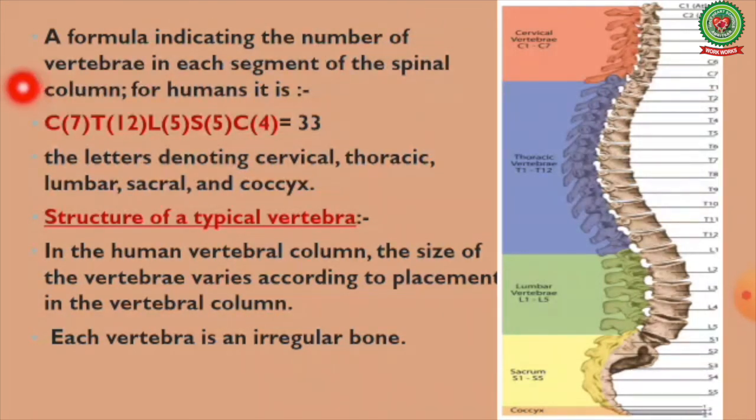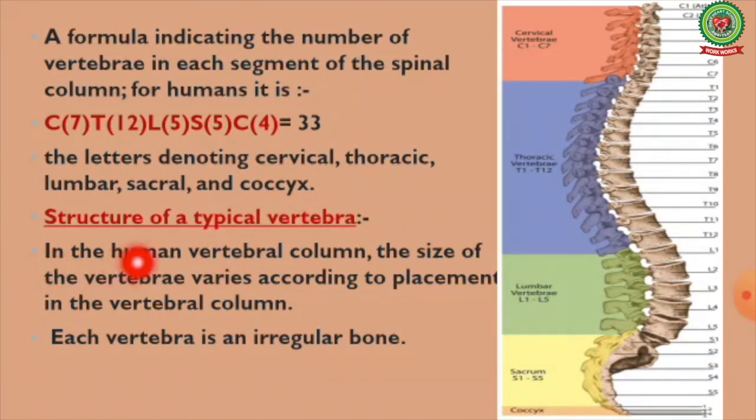Then, a formula indicating the number of vertebrae in each segment of the spinal column for humans: it is C7, T12, L5, S5 and C4. The total number of bones is 33. The letters denote C for cervical, T for thoracic, L for lumbar, S for sacral and C for coccyx.